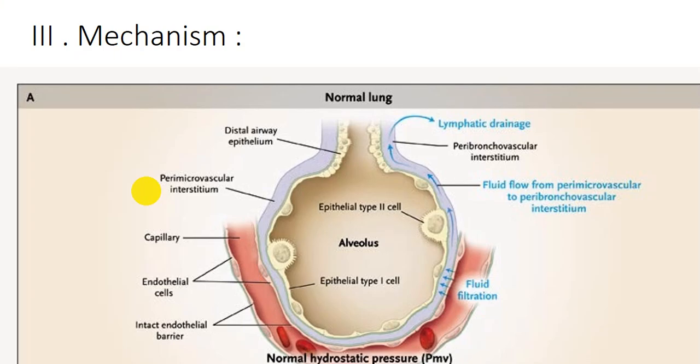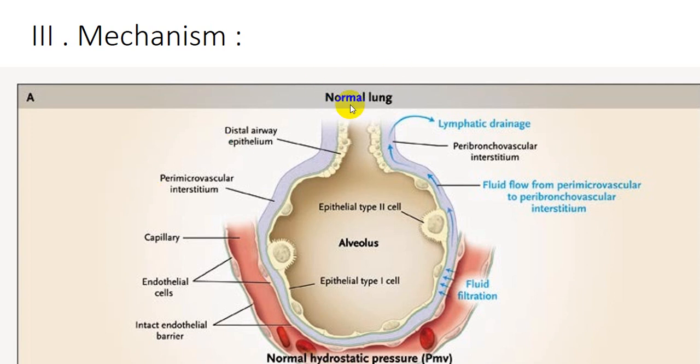Now we can check the knowledge and gain more understanding about the mechanism of this disease.